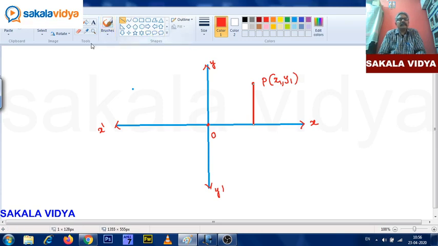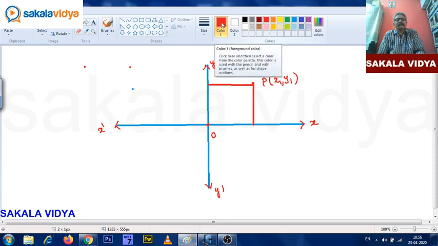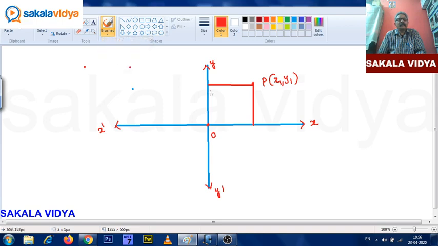So, in the similar manner, drop the perpendicular from P to the y axis. Now see, here 90 degrees, here 90 degrees.